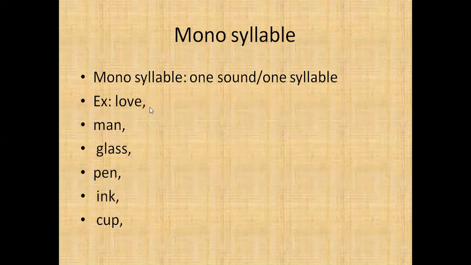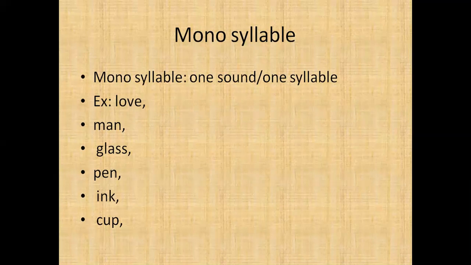Say, for example, love. Do we divide the word love? No. We say only love, one sound. Man, one sound. Glass, single sound. Pen, ink, cup, bat, shirt, pant. These are all monosyllables.